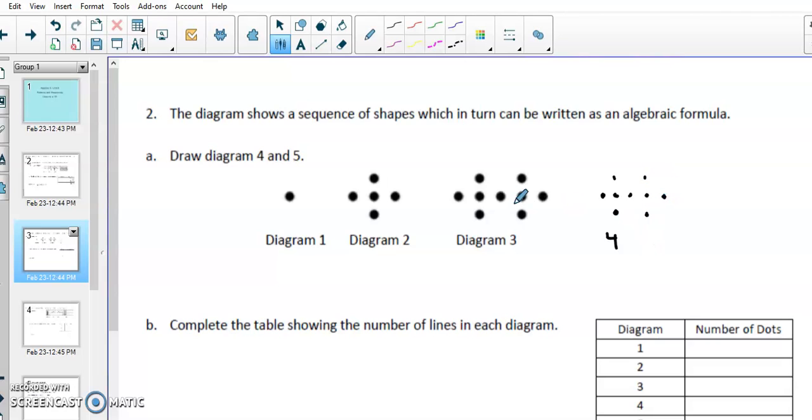And let's see if I can figure the pattern. I add a middle, a top and a bottom, and a side. It's a little hard to talk out, but it makes sense when I draw it. So let's complete the table, and then we'll see if we need to draw number 5.